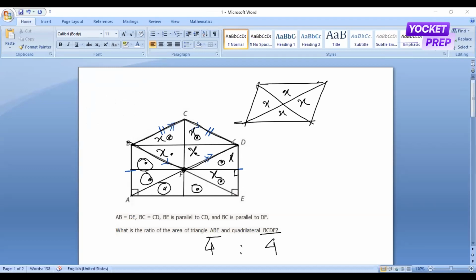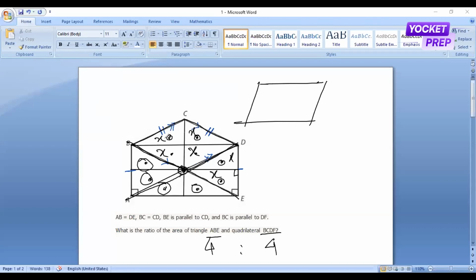These are all 30, 60, 90 triangles that you have drawn. Why? F is the center of the rectangle, right? This is one diagonal. This is the other diagonal. F was the midpoint, right?